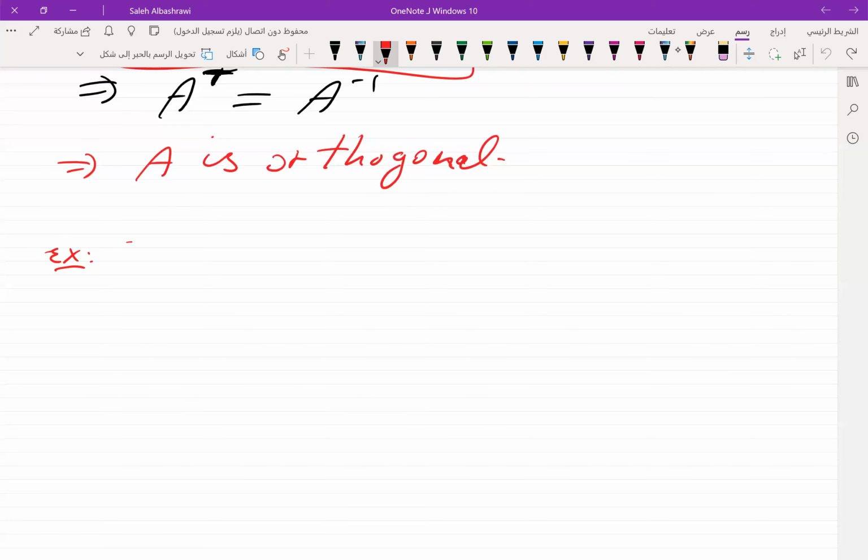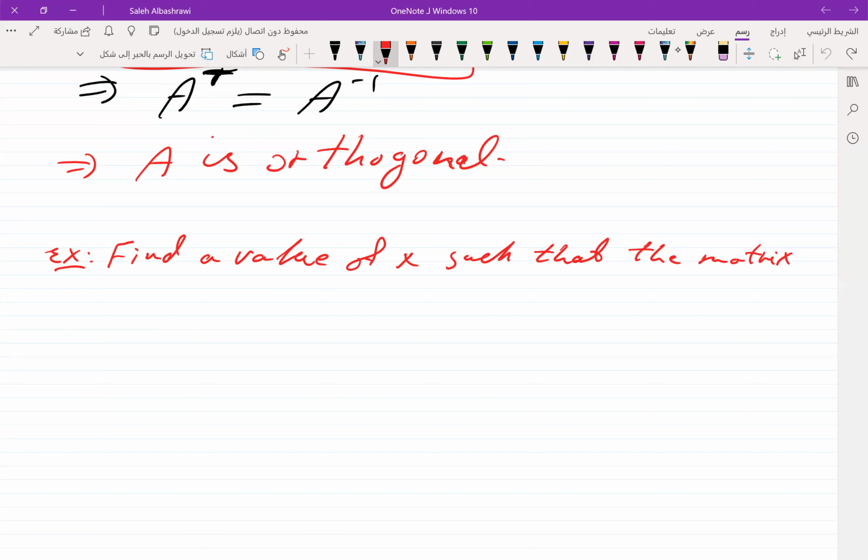Take one more example for the inverse matrix. Find a value of x such that the matrix A given by 4, minus 3, x, minus 4 is its own inverse.